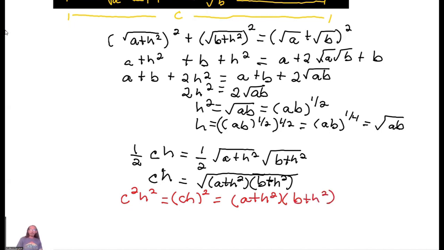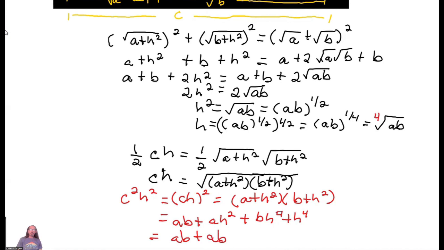Multiplying that out, we've got that c squared h squared is equal to ab plus ah squared plus bh squared plus h to the 4th. I forgot to write that back here. So h to the 4th would be ab. Let's put the h to the 4th up in the front and write that as ab.